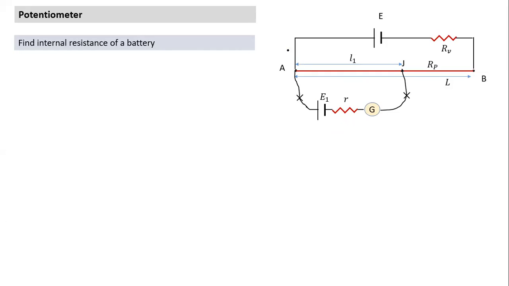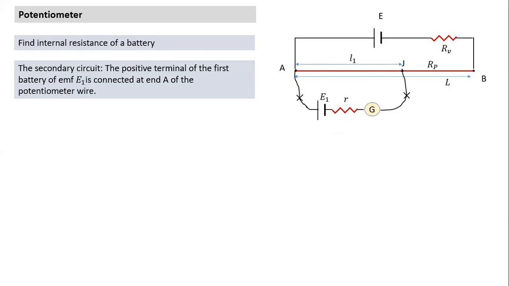Again, the primary circuit remains the same. Whatever changes happen, they happen in the secondary circuit. In the primary circuit, whatever resistance is shown, it could be zero, it could be non-zero. First, in the secondary circuit, like in the previous case, we connect a battery. Whichever battery we want to measure the internal resistance of, that battery is connected.